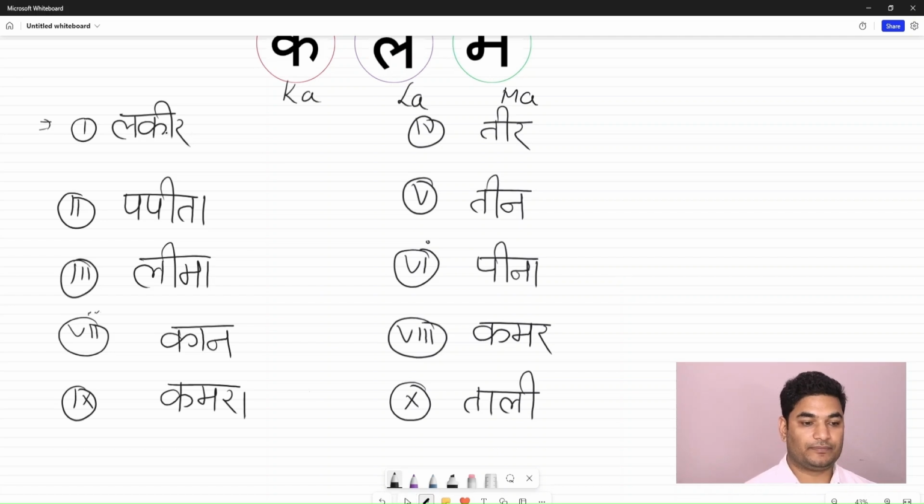So let's read them. The first one is lakir, with long e. Papita. Then we have tir, teen.